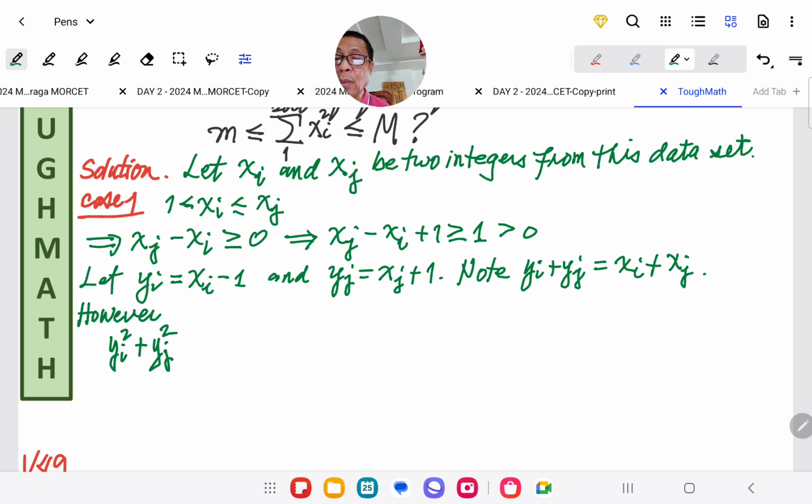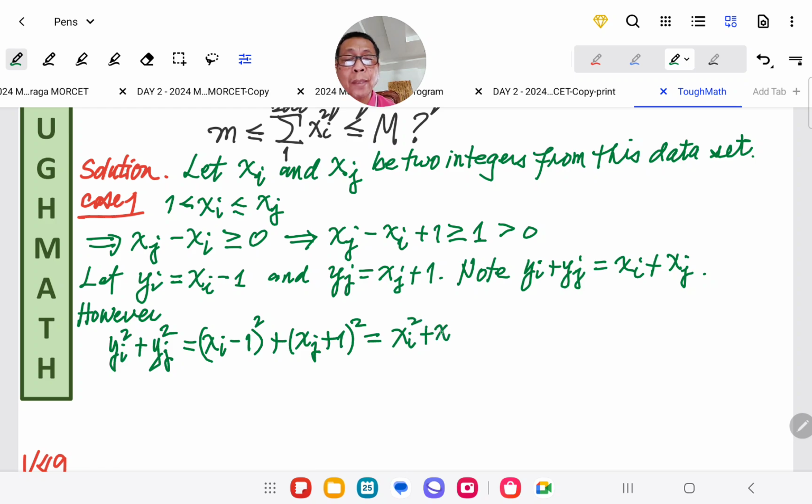Okay, so we have y sub i squared plus y sub j squared is equal to x sub i minus 1 squared plus x sub j plus 1 squared, and this is equal to x sub i squared plus x sub j squared plus 2 times x sub j minus x sub i plus 2.